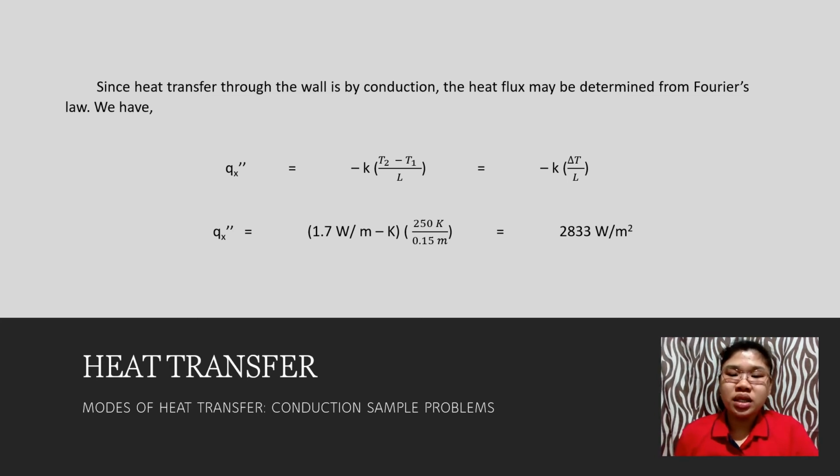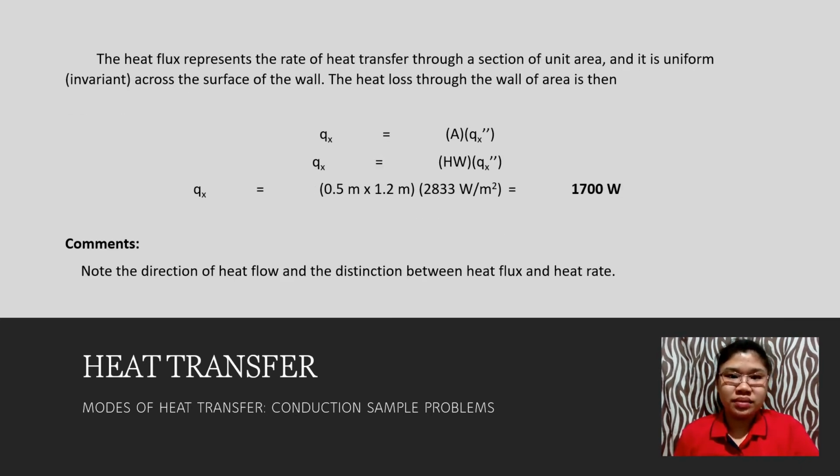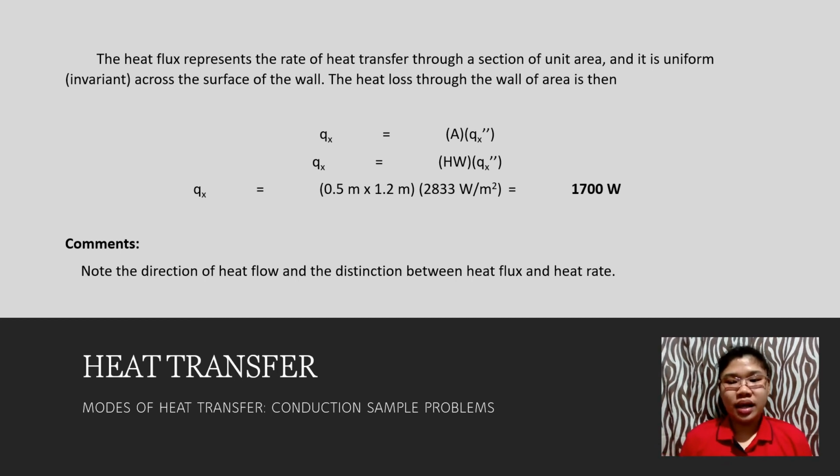So we just need to substitute the given because everything is given. Our heat flux is 2,833 watts per square meter. Again, this solution highlights that the heat flux represents the rate of heat transfer through a section of unit area, and it is uniform across the surface of the wall.